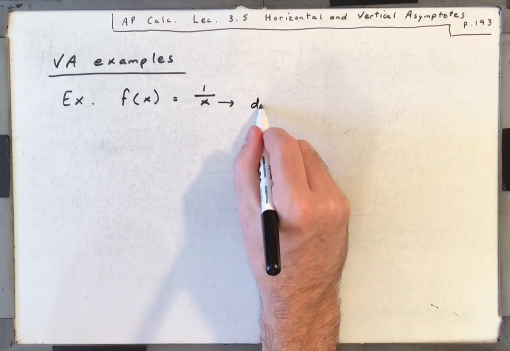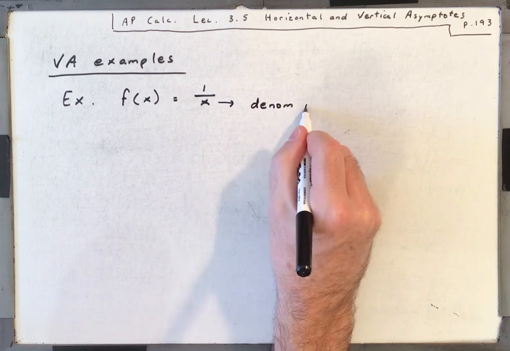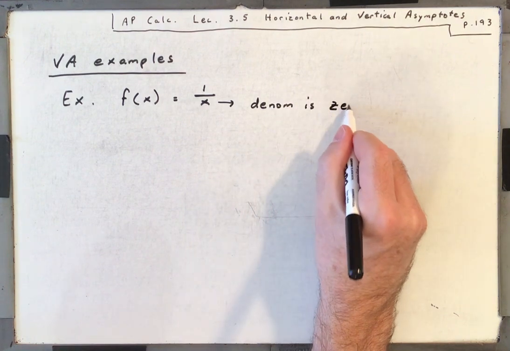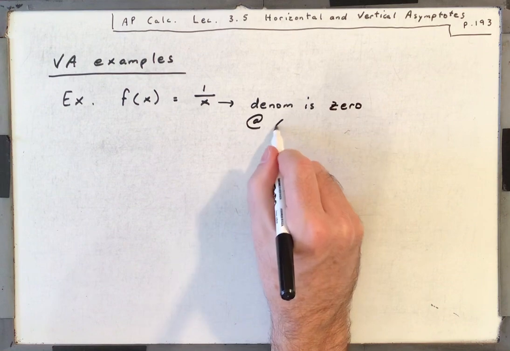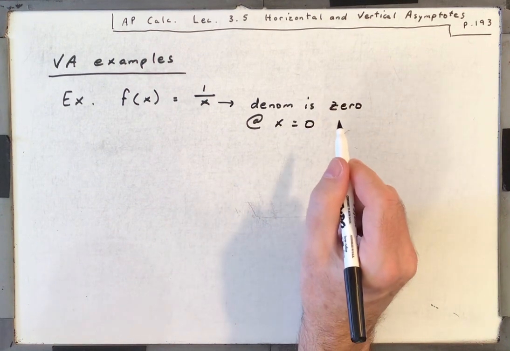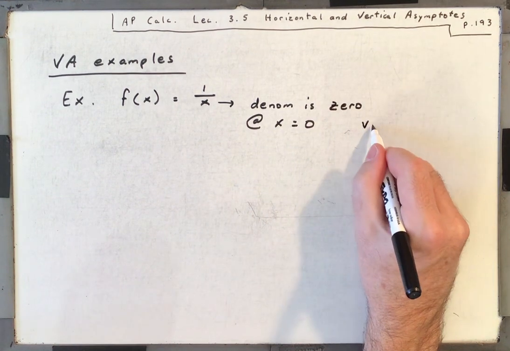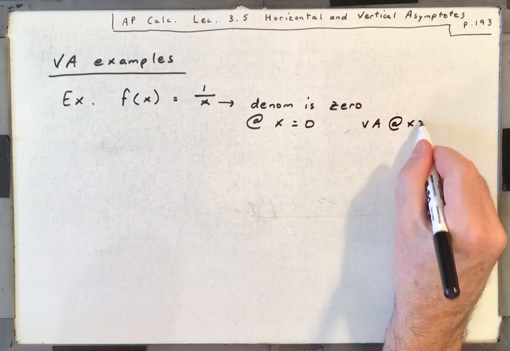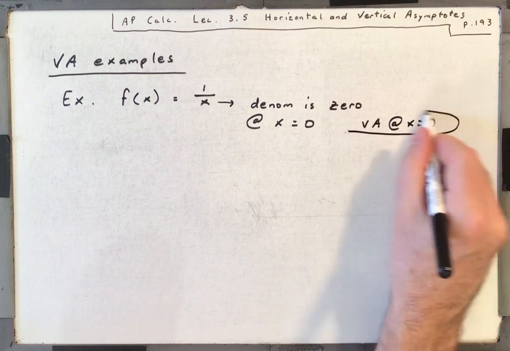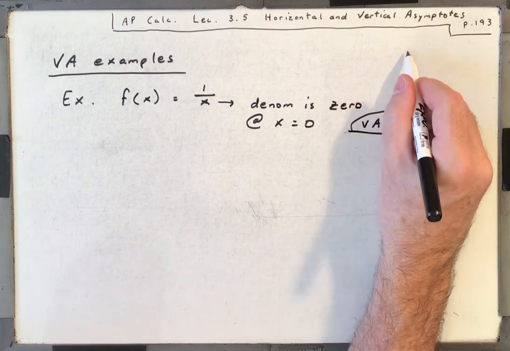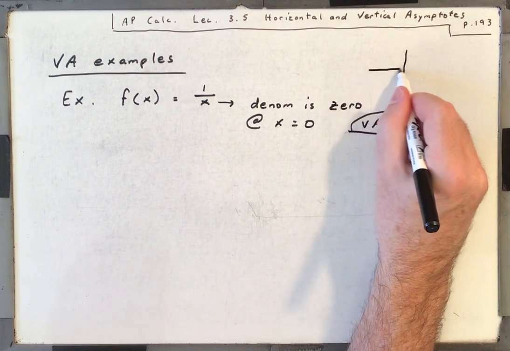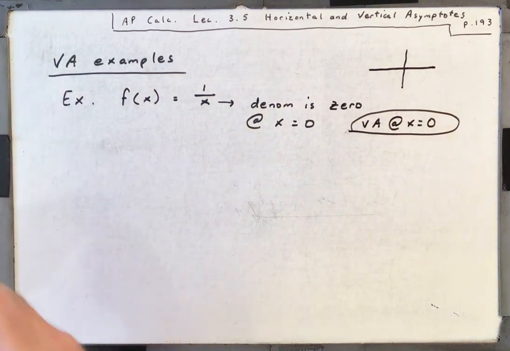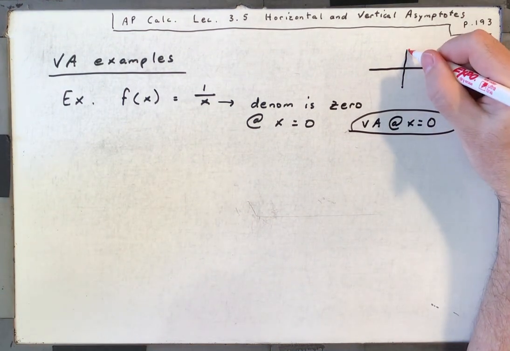So the denominator is 0 at x equals 0. So we have a vertical asymptote at x equals 0. So that's the y-axis. In this particular case, the y-axis is where we would have a dashed line.